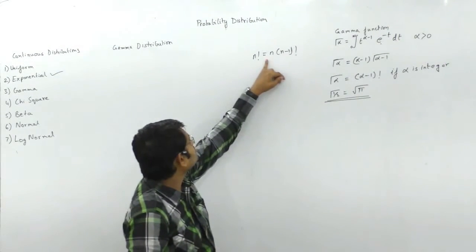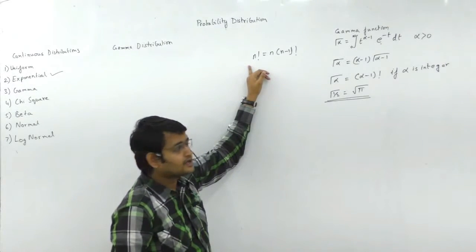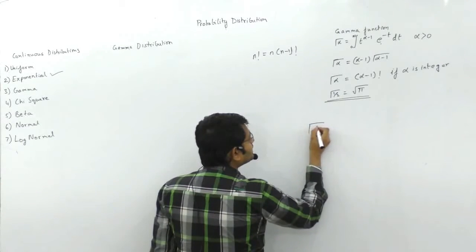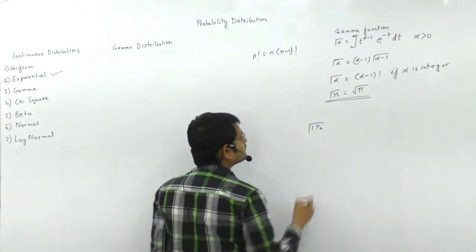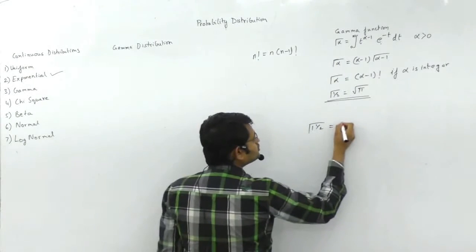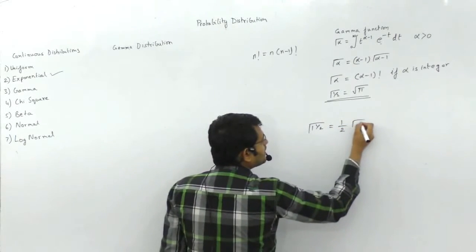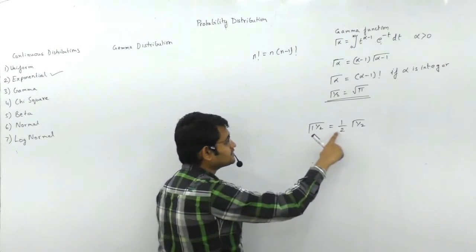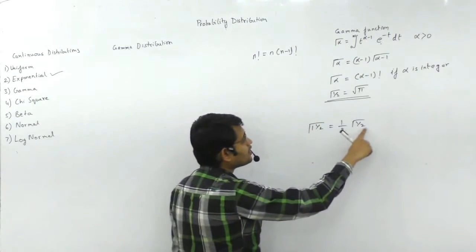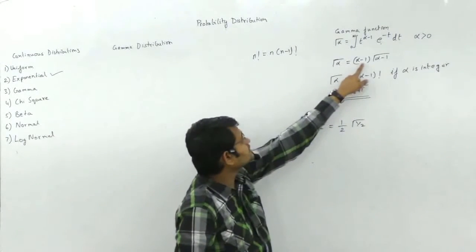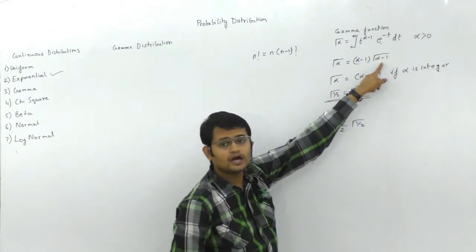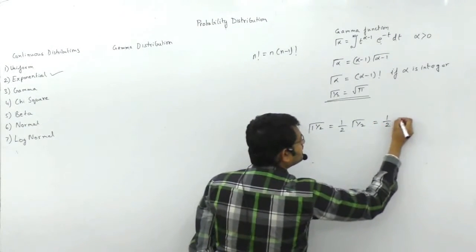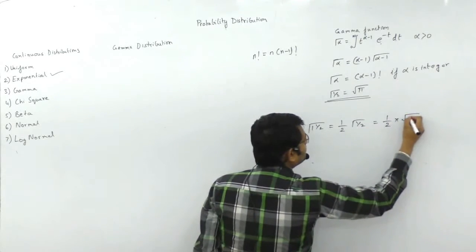So let's say I need to find gamma of 1.5. Gamma of 1.5 is nothing but half of gamma of half, using alpha minus 1 into gamma of alpha minus 1, and gamma of half is nothing but root pi.